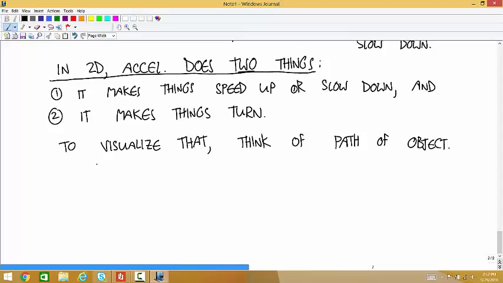So let's say the object's moving along this path, and it's going this way. And let's say that it's speeding up. And let's put the object in the middle somewhere.